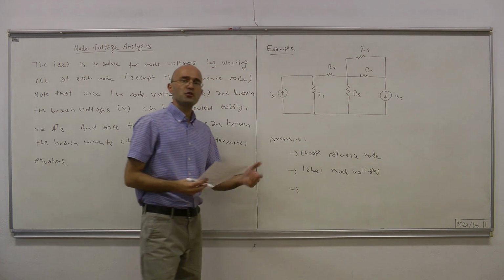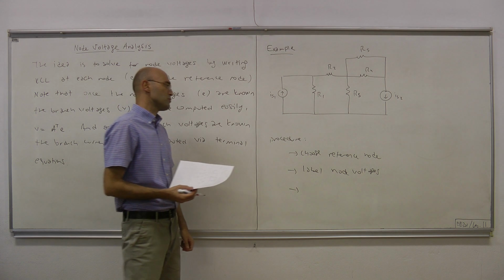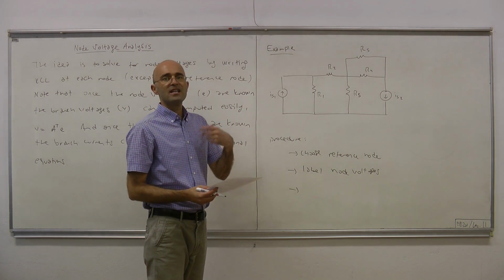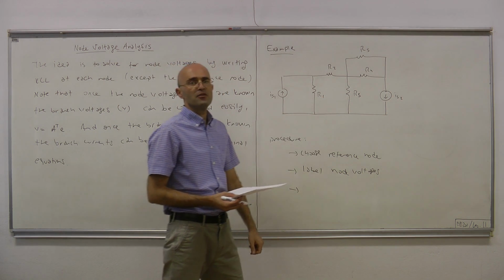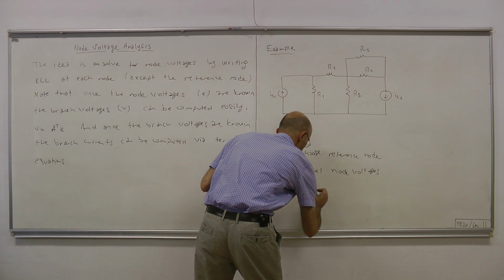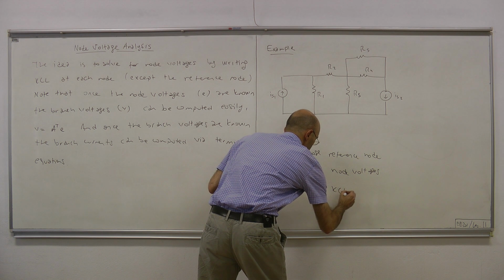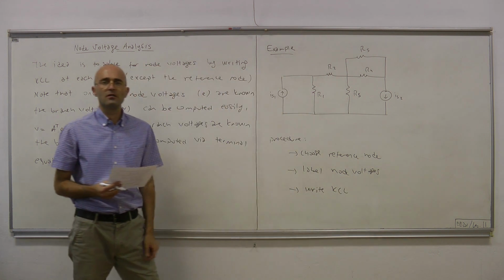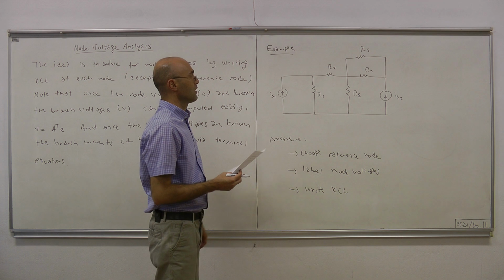And finally, once we have the node voltages properly labeled, we start writing KCL at each non-reference node. One step is to write the constraints imposed on the currents by Kirchhoff's current law.